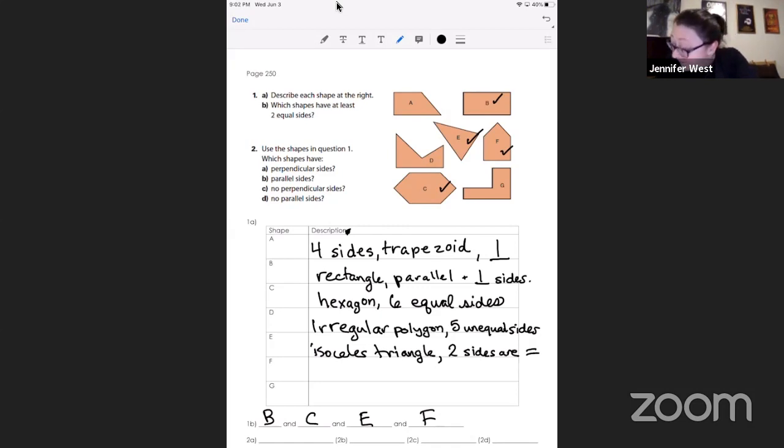And then F is a pentagon. Five sides, pentagon. We can see that it has these two sides are the same. So these are parallel, and it has a perpendicular side here.